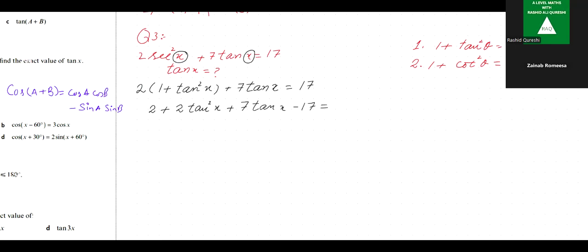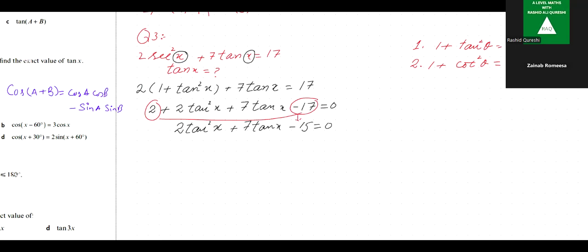Now I have 2 times tan square of x plus 7 times tan of x and minus 15. Why is this the minus 15? Because I have to solve these two terms. That is plus 2 and that is minus 17. Plus 2 and minus 17. These two terms become minus 15.